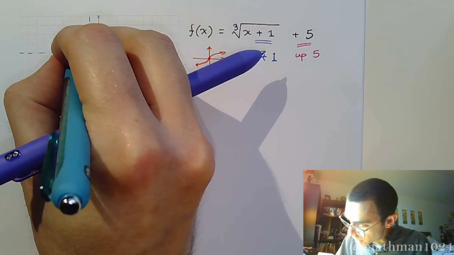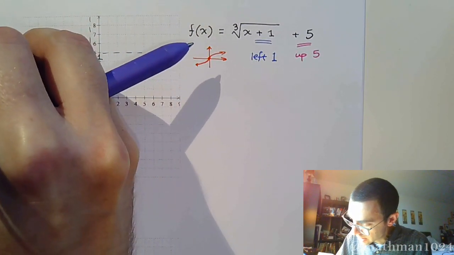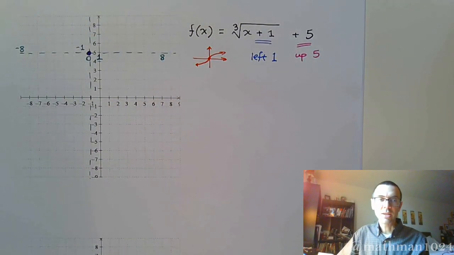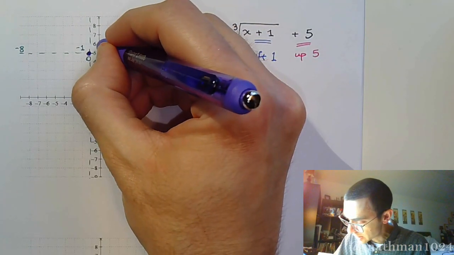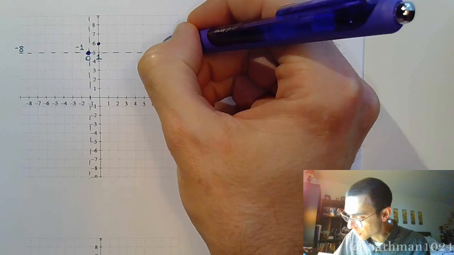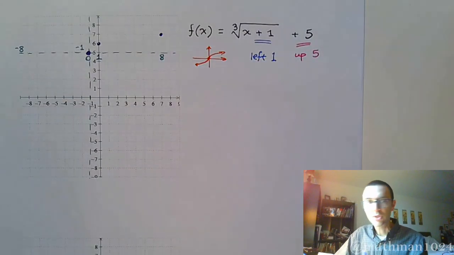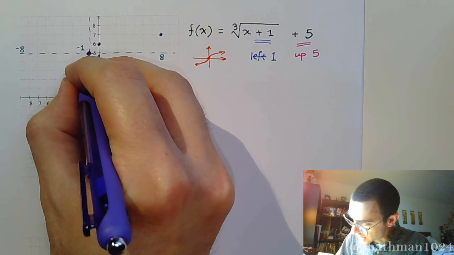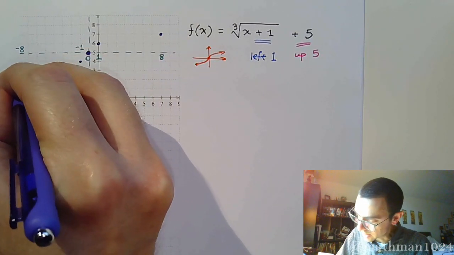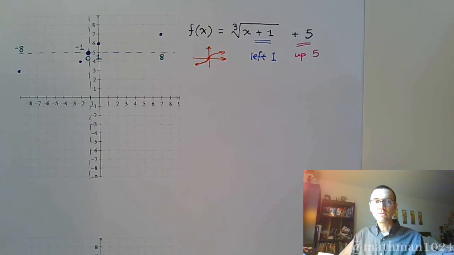On the other side, you'd want to plug in -1 and -8. Know those key values. So the cube root of 1 is 1, and the cube root of 8 is 2. On the other side, the cube root of -1 is -1, and the cube root of -8 is -2.